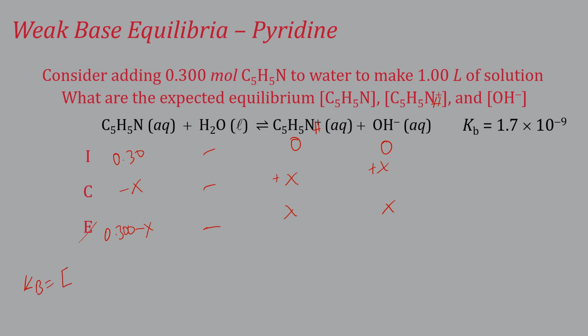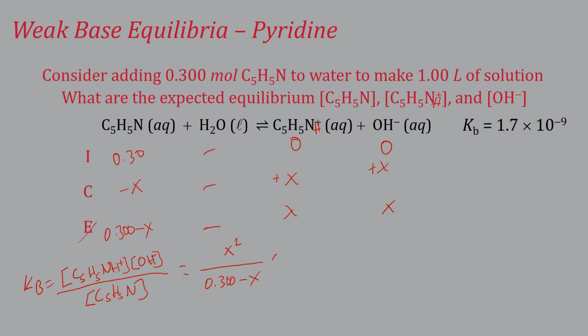So the Kb is equal to C5H5NH plus concentration times the hydroxide concentration divided by the pyridine concentration. Symbolically, as we've set things up, that's going to be x squared over 0.3 minus x.